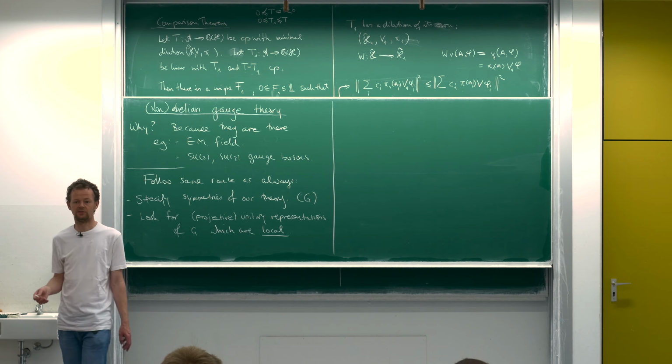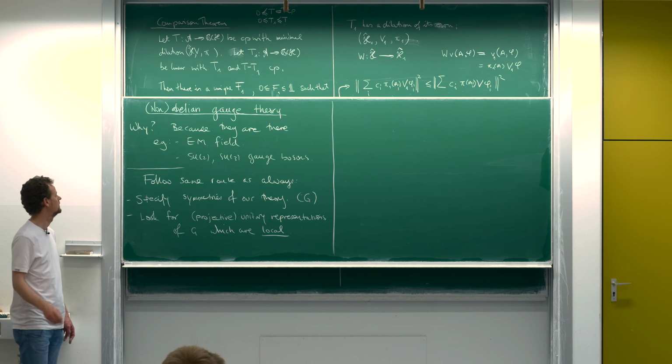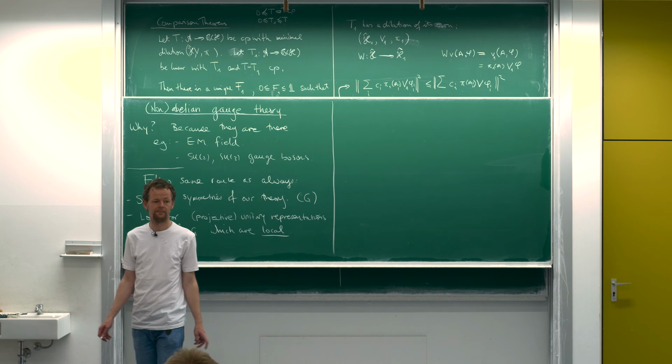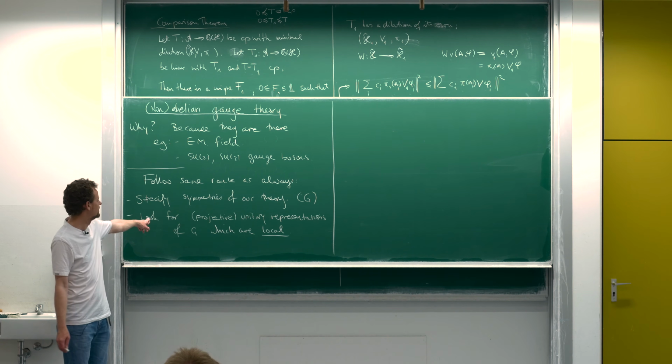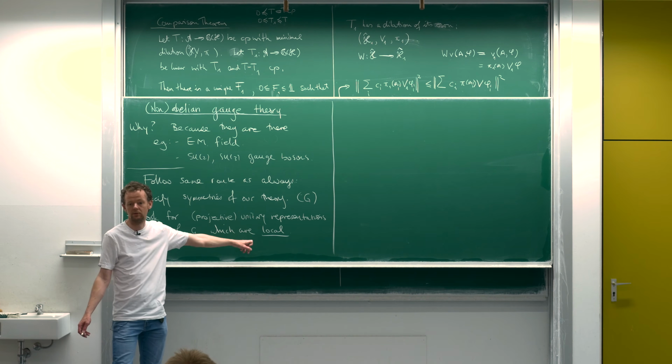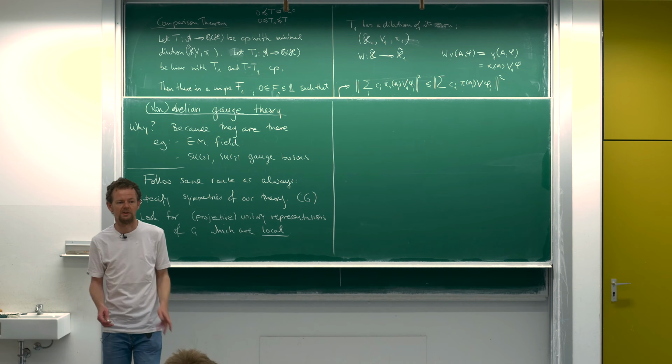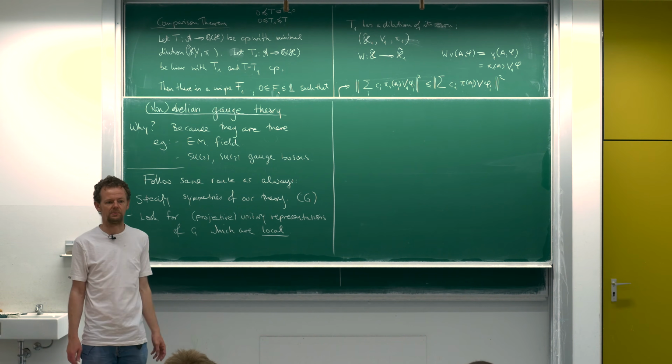You specify the symmetries of the theory that you're interested in. Let's say that the symmetries are captured by some group G. And then, how do you build a quantum theory? Well, you look for projective unitary representations of G which are local. It's very easy often to find unitary representations of a group. The group can act on itself, so you get those representations pretty much for free. But are they local?